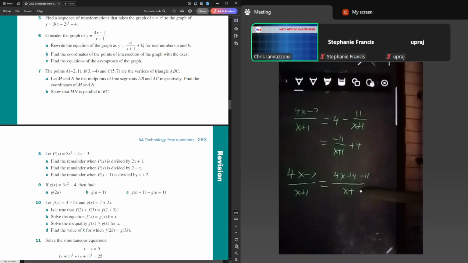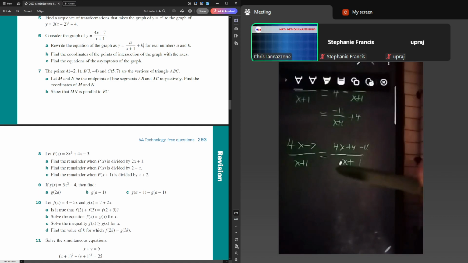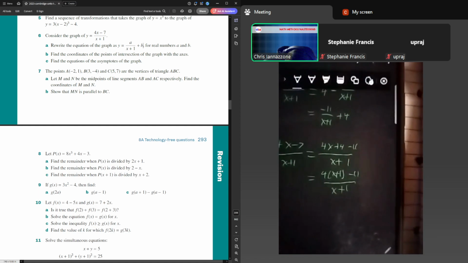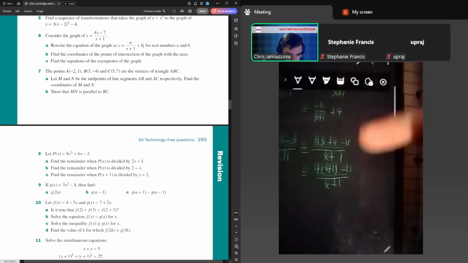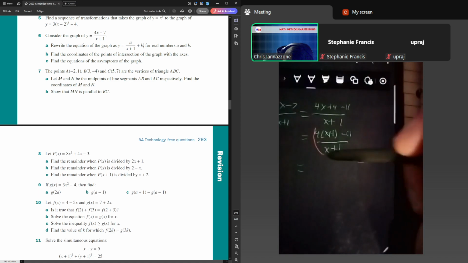The reason I've done that is because I've got 4 as a common factor in both the 4x and the 4, so I can take that out the front. So I can have 4 bracket x plus 1, and then minus 11, over x plus 1. All I do from there is split the fraction, so I have this as its own fraction, and this as its own.